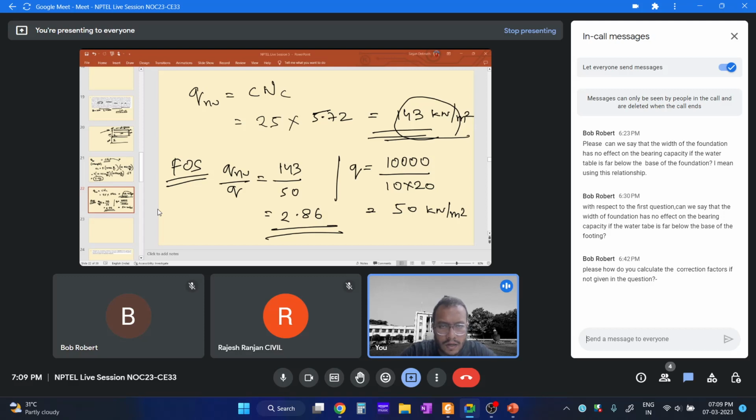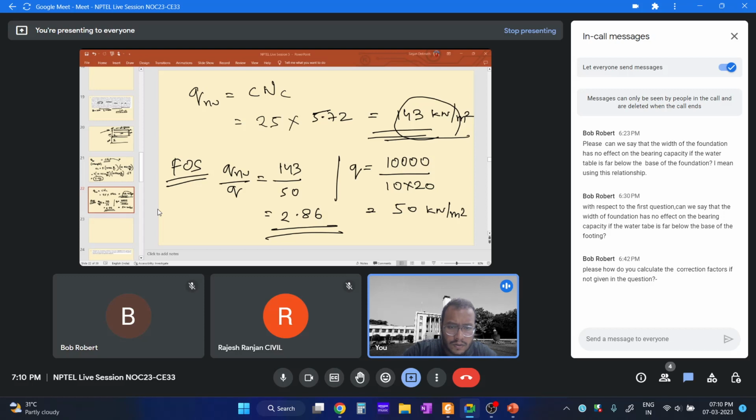So if the depth of the water table is such that the correction factor comes out greater than 1, that means the water table will have no effect. The correction factor will simply be 1.